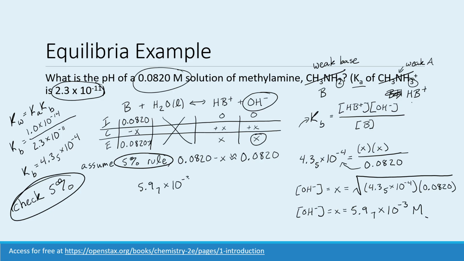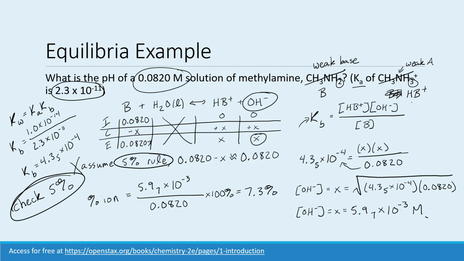So we'll take that 5.97 times 10 to the negative third that we just calculated, and remember this is our percent ionization, so this is just a check, and divide by the original concentration of 0.082 and times 100%. Okay, so when you do that, you should find that it is 7.3%.